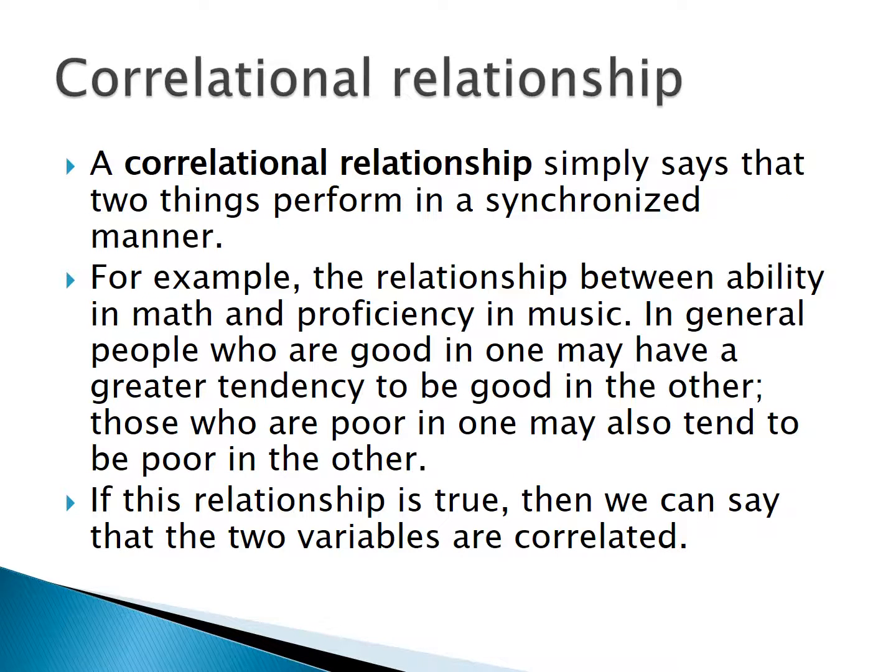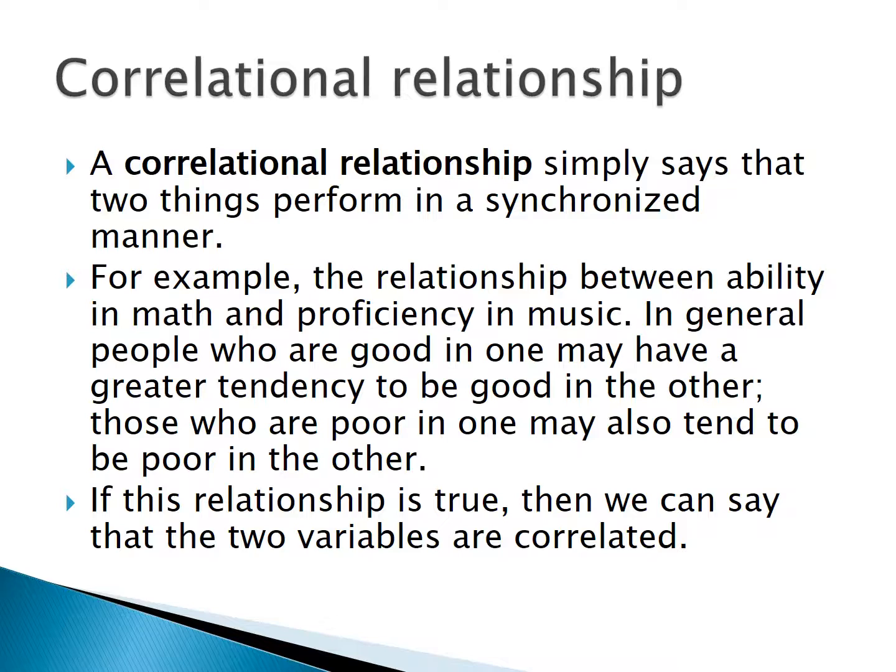Let's look specifically at a correlational relationship. A correlational relationship simply says that the two things perform in a synchronized manner. They're synchronized in some way. For example, the relationship between somebody's ability in maths and their proficiency in music. It has been discovered worldwide that people who are good at maths are also good at music, and people who are poor at maths are often poor at music.